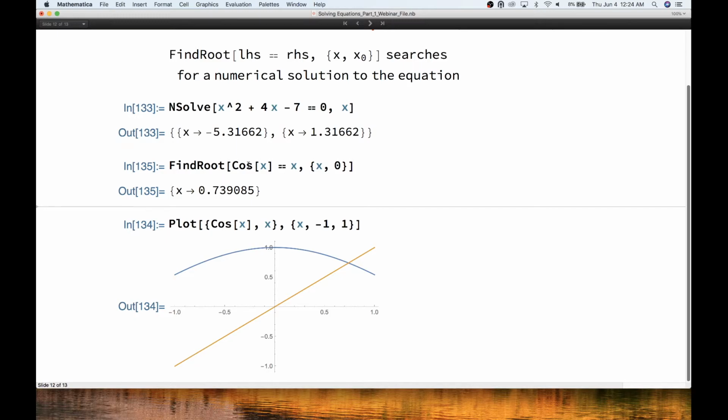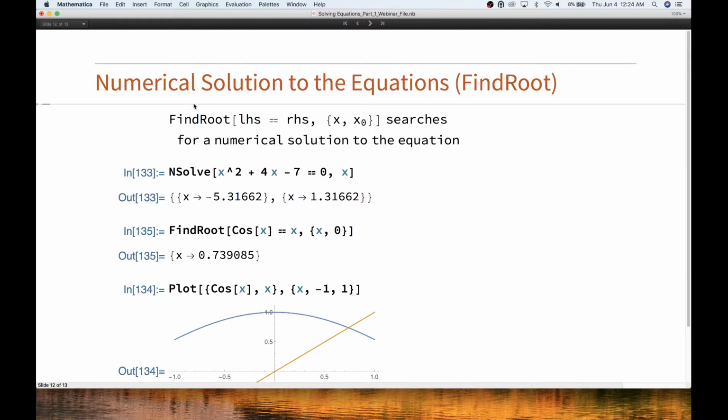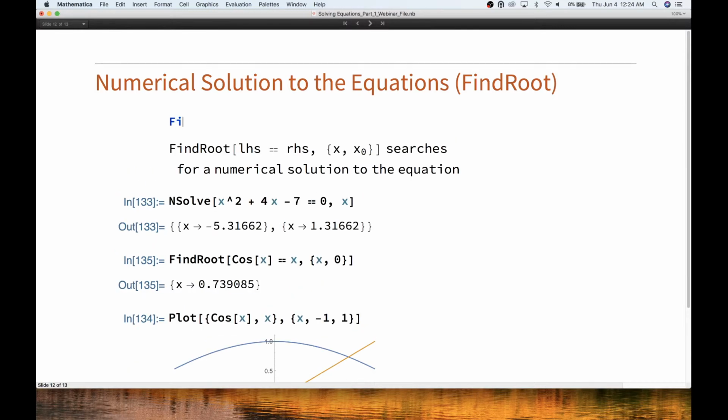So for example, let's see here. If I have FindRoot, and I say Log[x] is equal to -5 maybe, and then I have to give x, and I have to give the starting point of x as well.